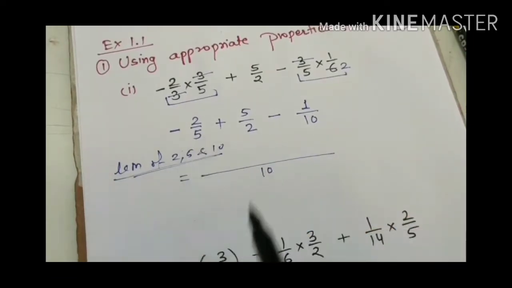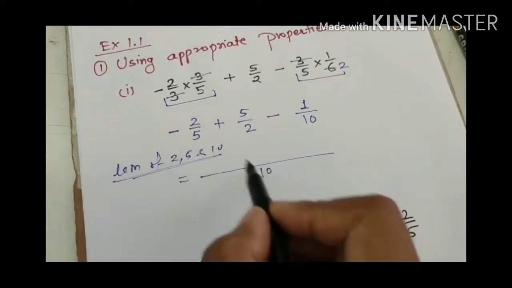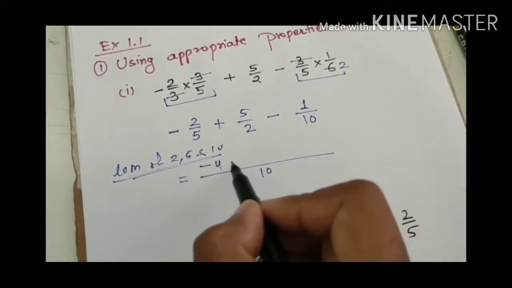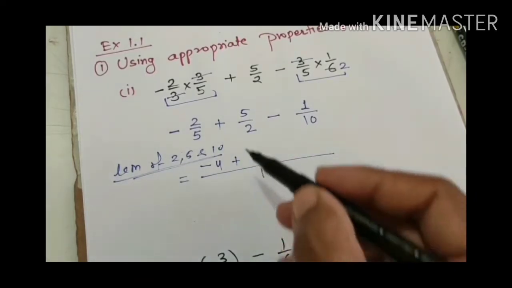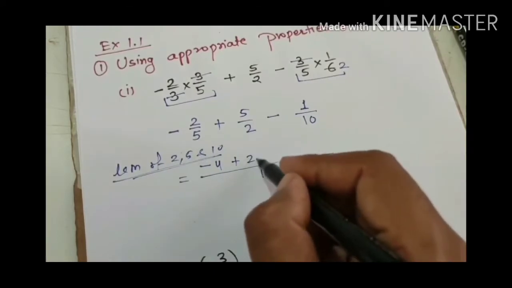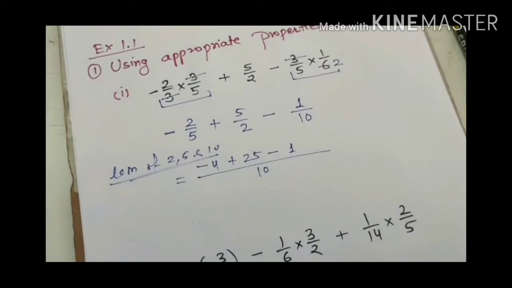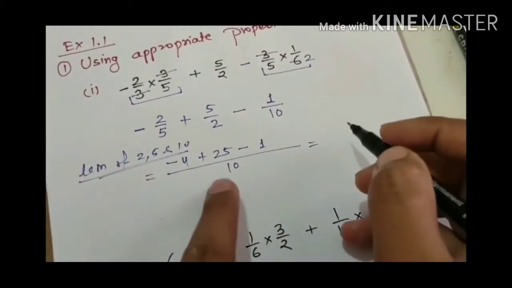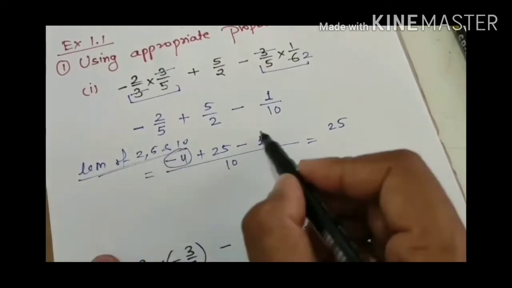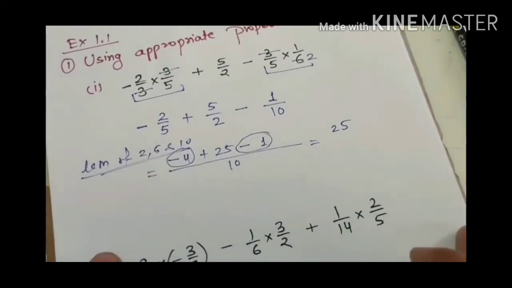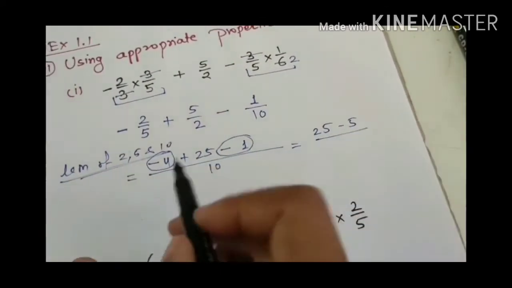Then 5 2s are 10, 2 2s are 4, plus 2 5s are, and 5 into 5, 5 5s are 25, minus 10 1s are 1. Then simplify that: 25 minus 4 minus 1 minus 5. So 25 minus 5 by 10.